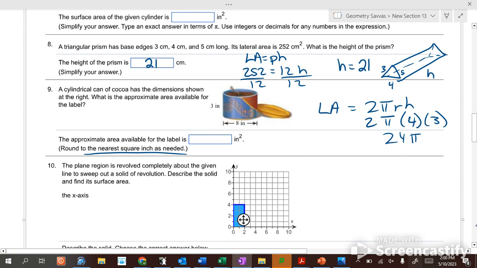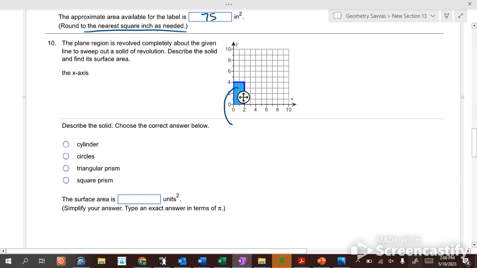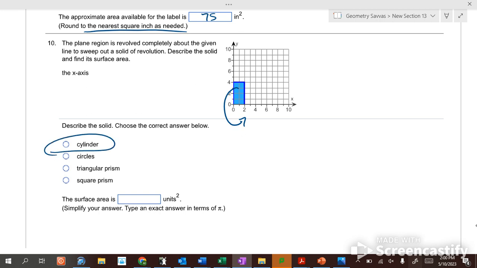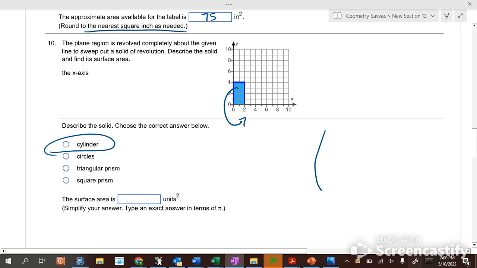All right, last one. If you take and wrap this around the x-axis, what kind of a shape does it make? A cylinder, a circle, a triangular prism, or a square prism? A cylinder, yes. Now, if we wrap it around, the cylinder looks like this. What's the radius of that cylinder going to be? 4.